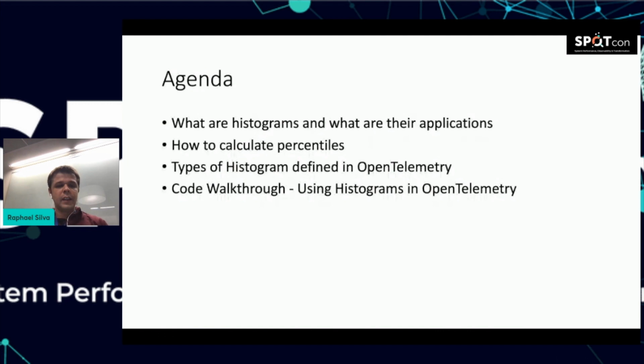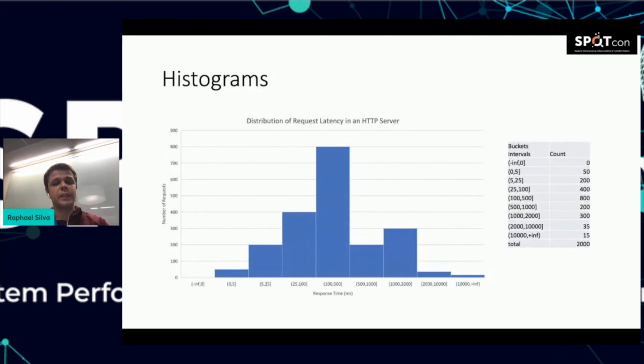So here we have a histogram. In this case, this histogram is recording the distribution of request latency in an HTTP server. A histogram is composed of bins or buckets, and each bucket has a range. And how it works is that the histogram will record the frequency of observations that fall within a range.